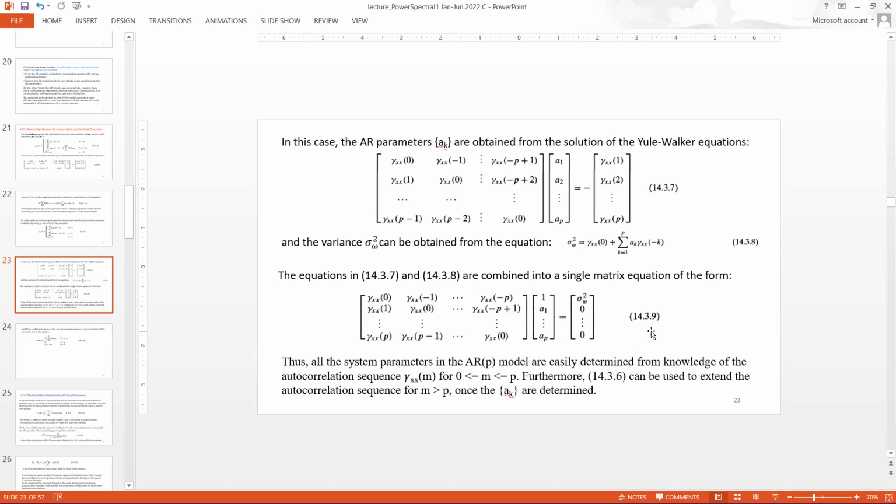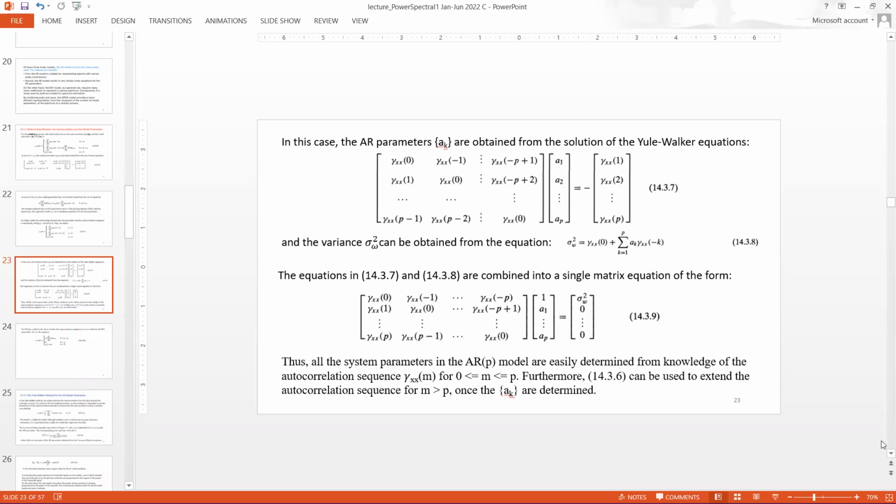Here all the system parameters in the AR(p) model are determined from the knowledge of the autocorrelation sequence gamma xx(m) for m within 0 to p. Furthermore, from equation number 6, the previous equation, we can also extend the relation for the sequence m greater than p once the ak are determined.